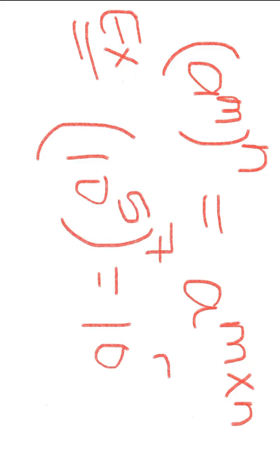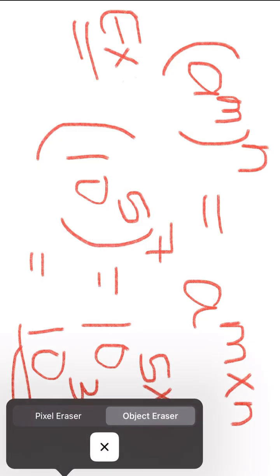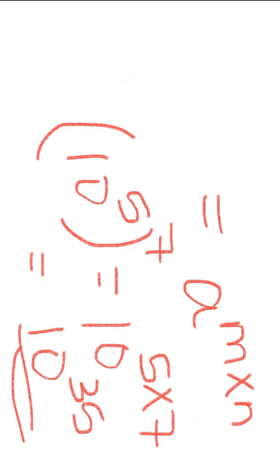In this case it will become 7 into 5, that will be 35. This is how you will get the answer. This is the third identity or the third law.